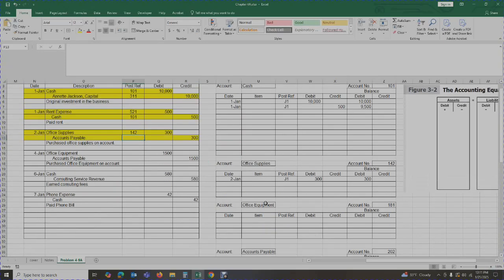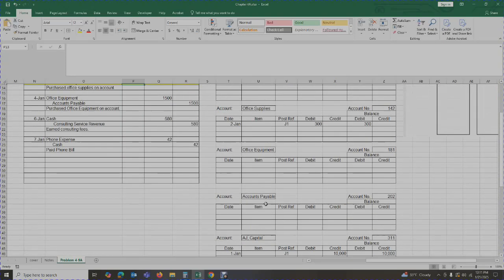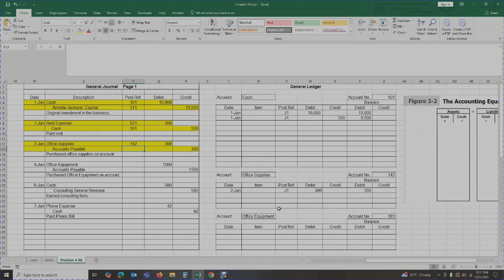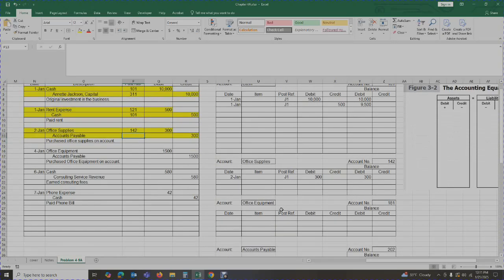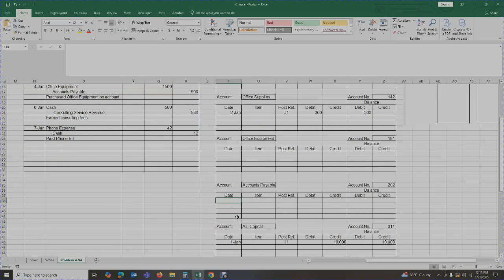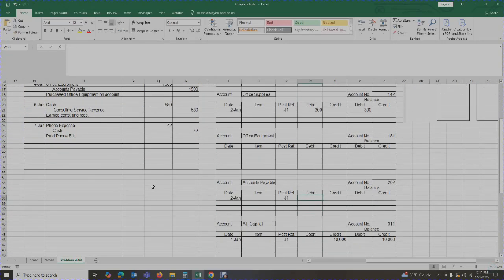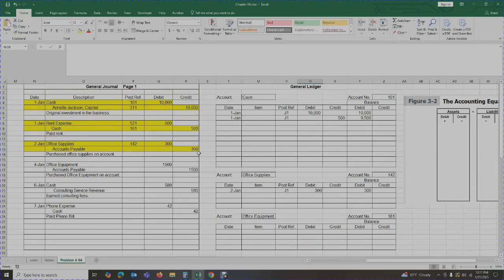Now we go to accounts payable. Okay, where do we have our accounts payable? Office supplies, right here, accounts payable. So accounts payable, this is happening on the 2nd. This is journal 1. And the amount for accounts payable is $300, but it's $300 credit.